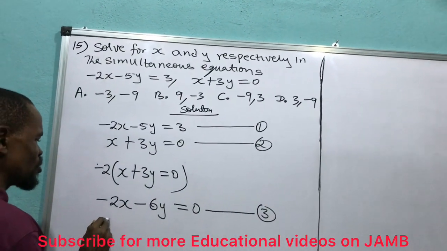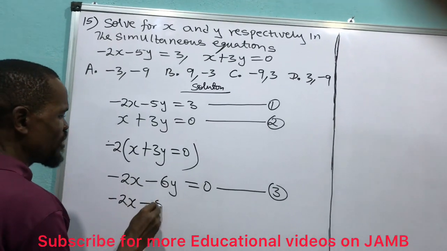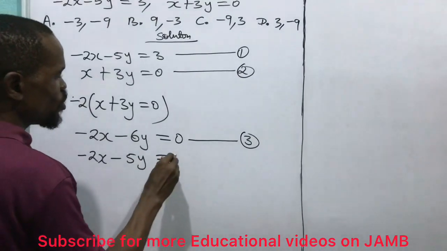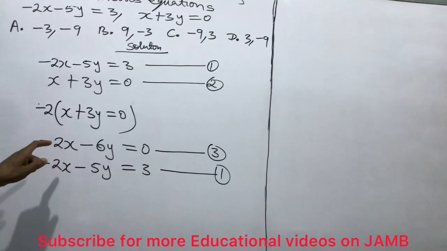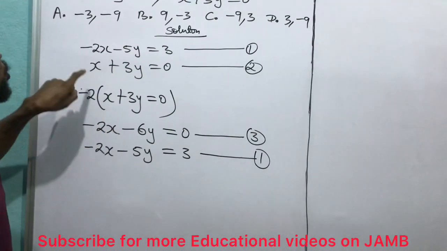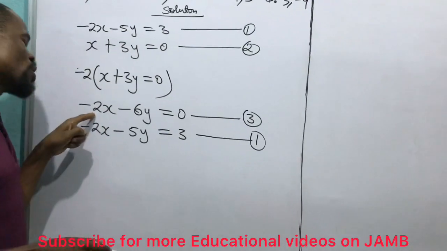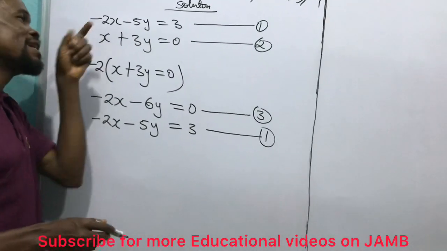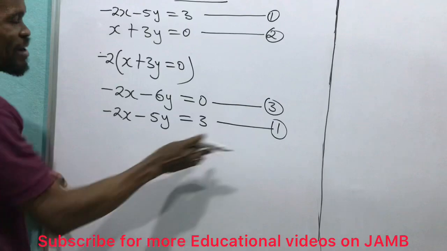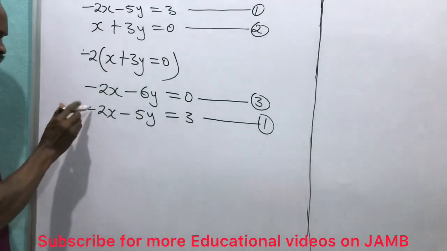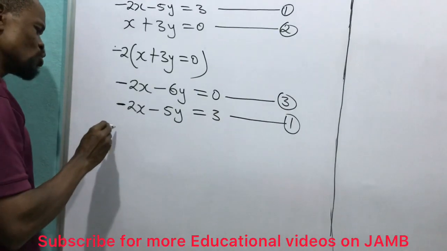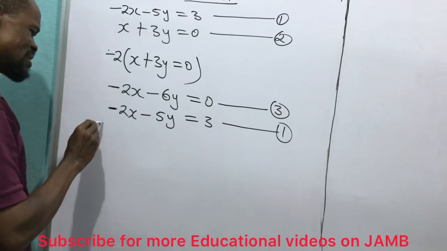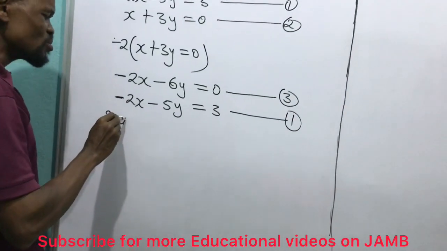I will have minus 2x minus 5y equals to 3. That's equation 1. Now equation 2 has been made to have the same coefficient of x as equation 1. Then I'll bring it down.